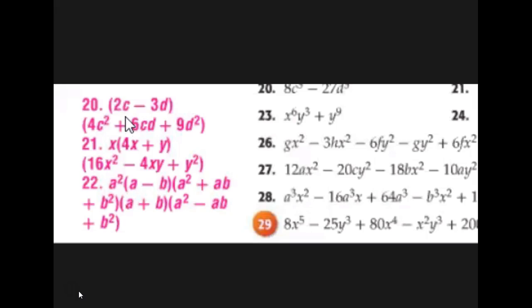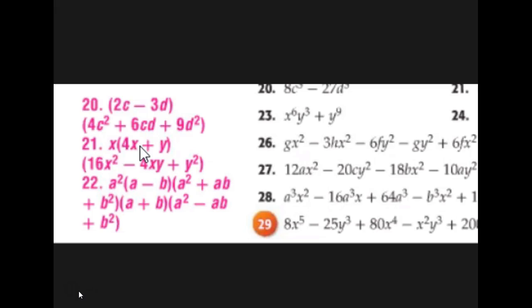Okay, so for number 20, you took out a GCF of 2C minus 3D, and then you wrote the rest of the difference of cubes formula, which was 4C squared plus 6CD plus 9D squared.